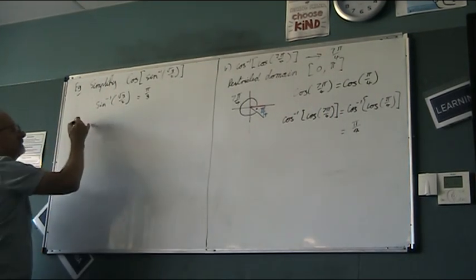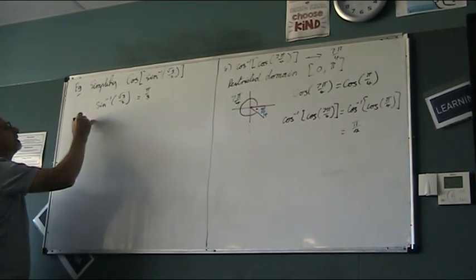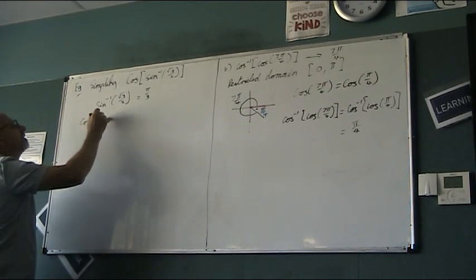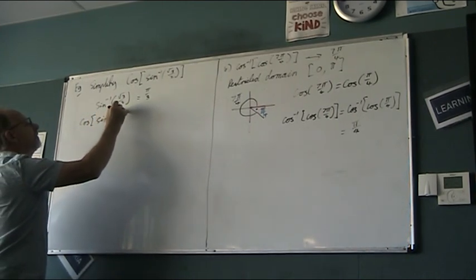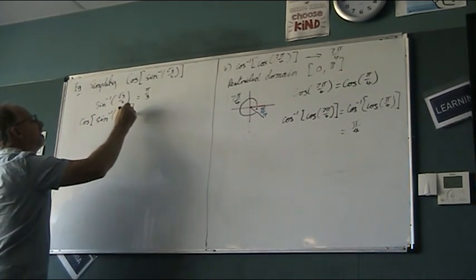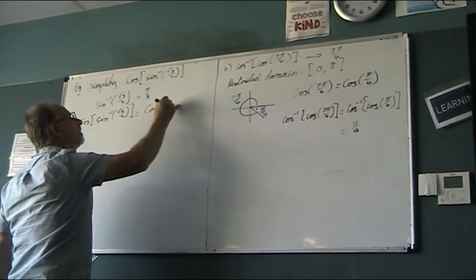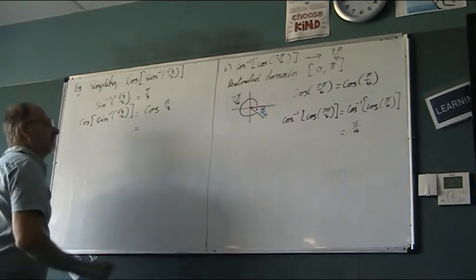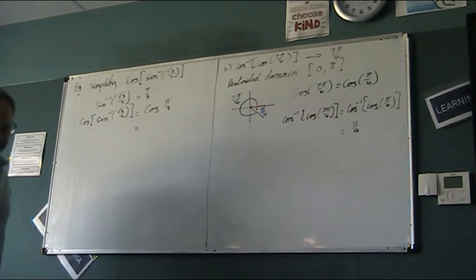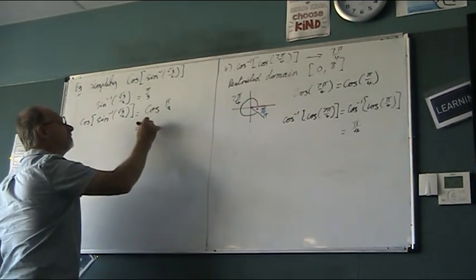So cos of inverse sine of root 3 on 2 would then be the same as the cos of pi on 3, which is a half.